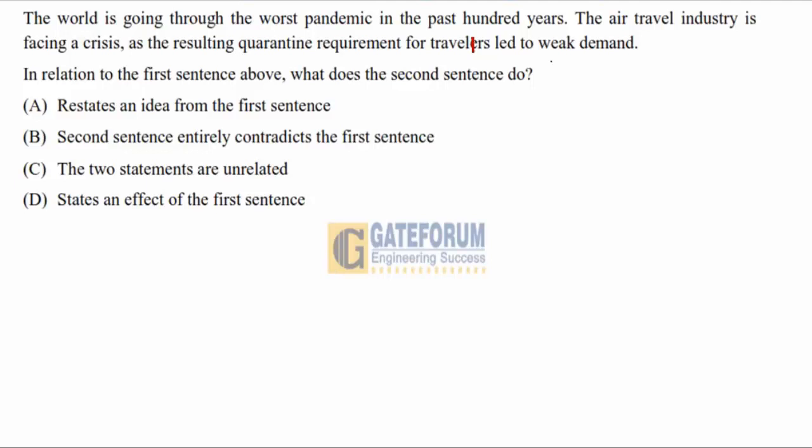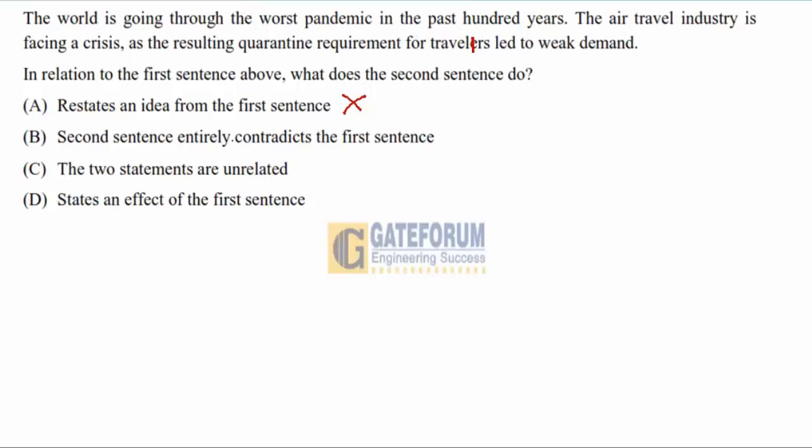Well, the second is obviously an effect of the first one. Because of the first sentence, the second took place. So let us check the options. Number A, restates an idea from the first statement. No, wrong. Restates an idea from the first statement means it says the same thing as the first statement does. But that is not the case. It's saying an entirely different thing.